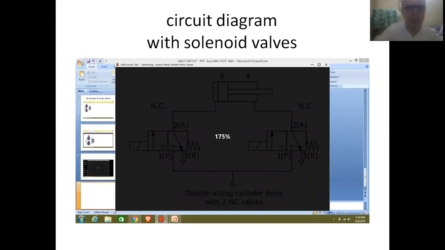Similarly, here also P indicates the inlet port, A the outlet port, and R the exhaust port. So friends, indication of these ports is very essential while explaining these circuits.